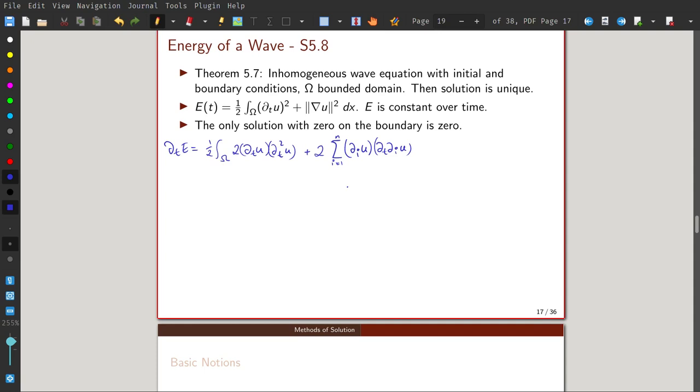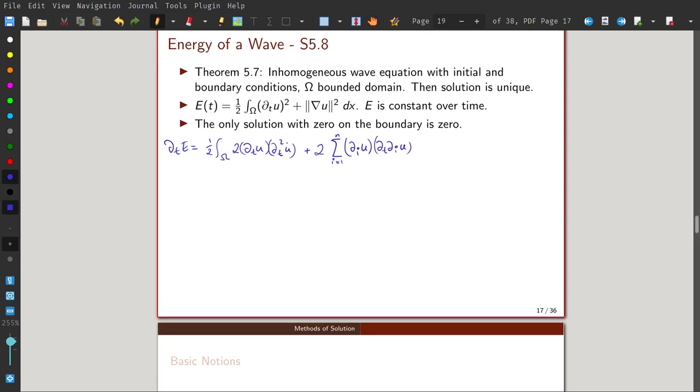So now we can see what we should do because we have here u_tt. Yes, so we should use the fact that u is the solution to the wave equation. And as a solution to the wave equation, we can substitute in here that this is equal to the Laplacian of u.